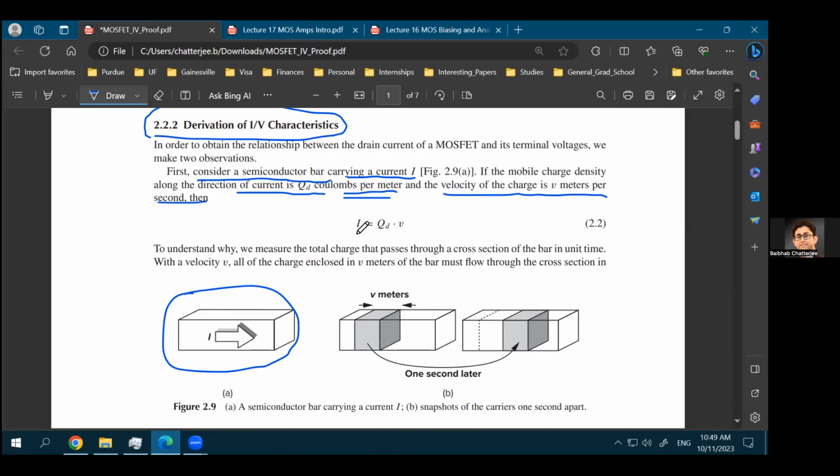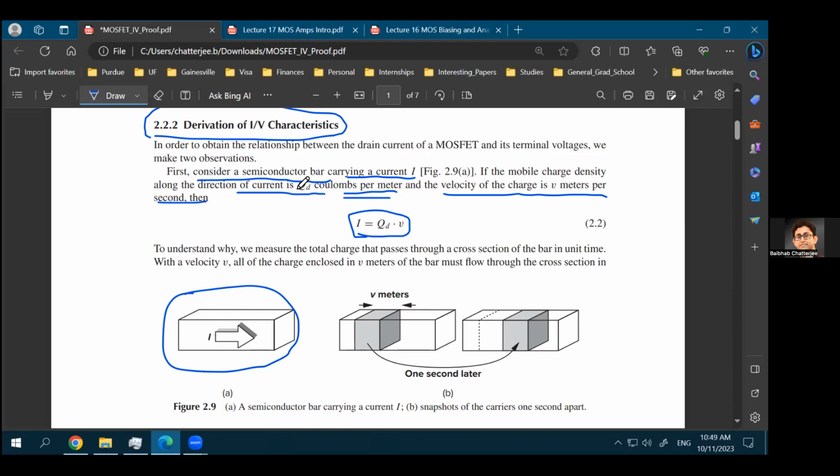So what is your current? Your current is basically the amount of charge that is flowing through the bar per unit time, right? That is the definition of current. I equals the total amount of charge that is flowing through it divided by the amount of time that you take to make the charges flow.